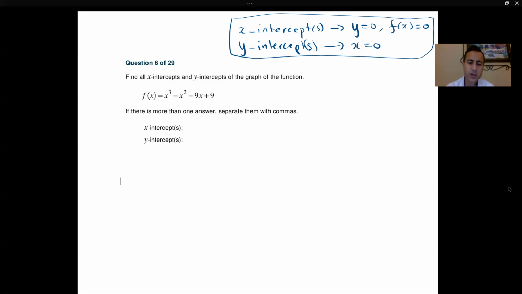So for the x-intercept, y equals 0, which means x cubed minus x squared minus 9x plus 9, and we're used to putting this 0 on the right side. So this is 0, right? It doesn't matter whether it's on the left or right. If you're used to having it on the right, then you just move it to the right side.